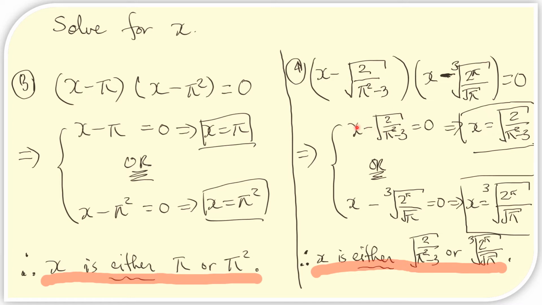Now, for this solution, we add this expression to both sides so that it will be gone from this side. And if we do that, we obtain x equals this. We do the same for this solution. We add this complicated expression to both sides of this equation. And so, on this side, we are left with x. On this side, we will be left with this complicated expression. And therefore, x is either this or this.